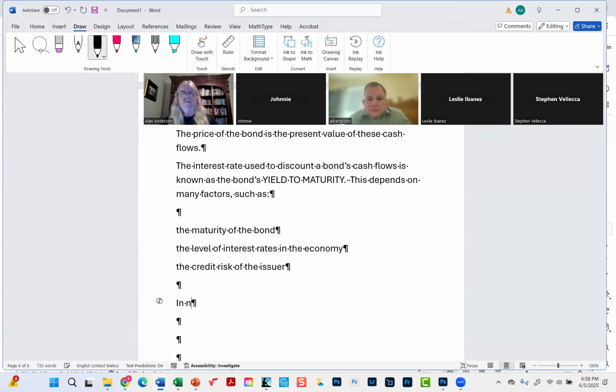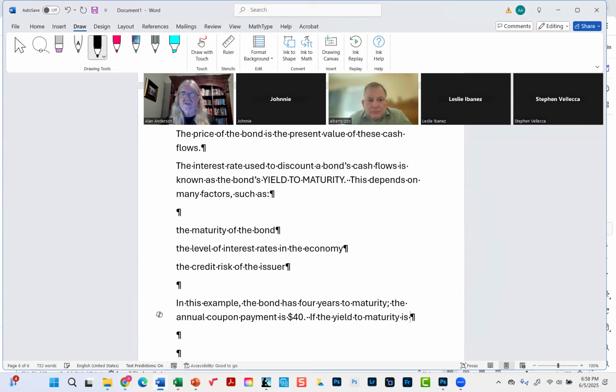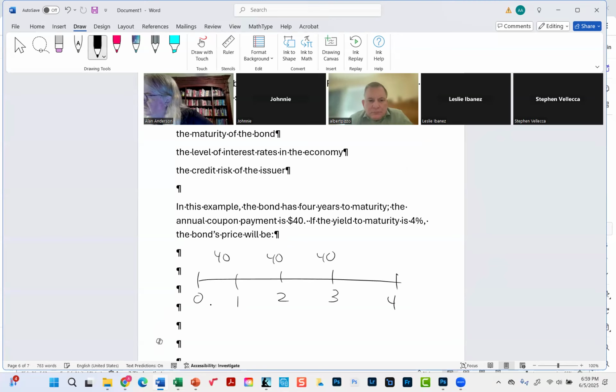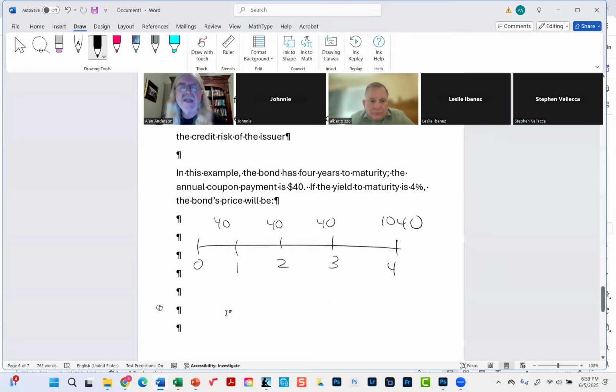In this example, the bond has 4 years to maturity. The annual payment is $40. If the yield to maturity is 4%, the bond's price will be, again, given the cash flows that we have, here's how you would calculate it.